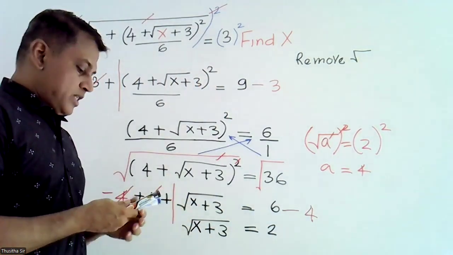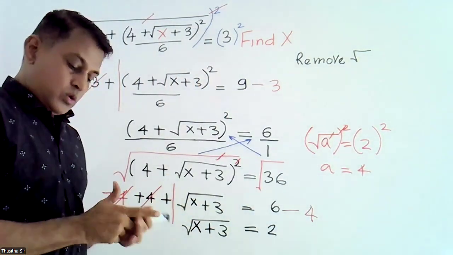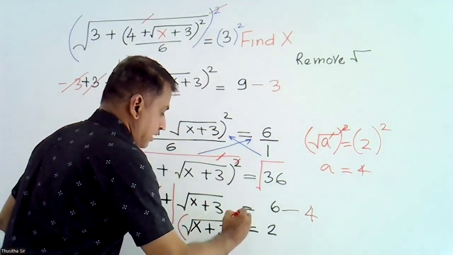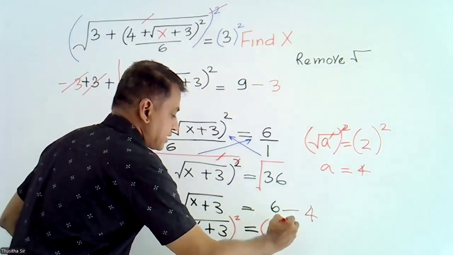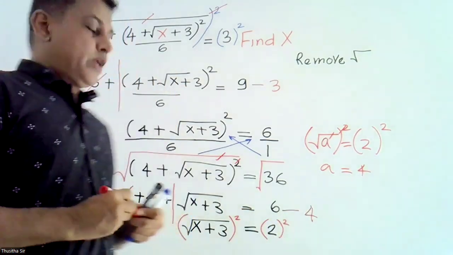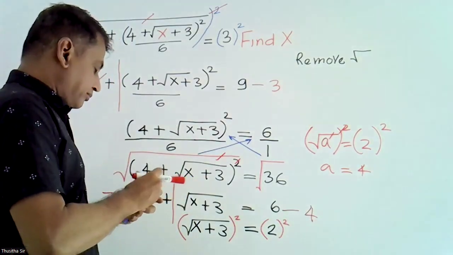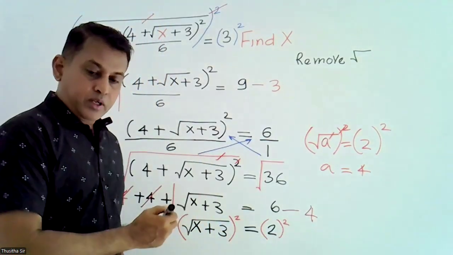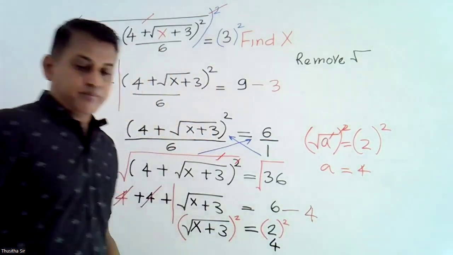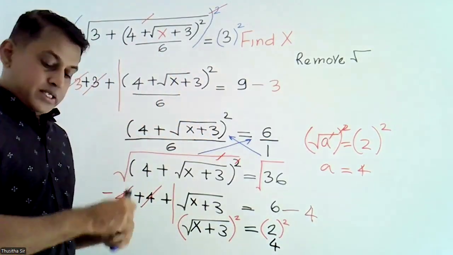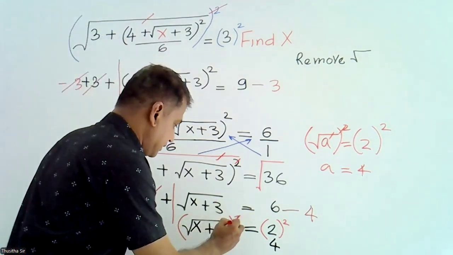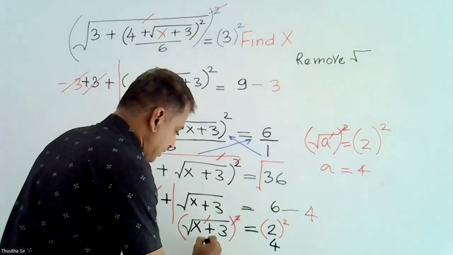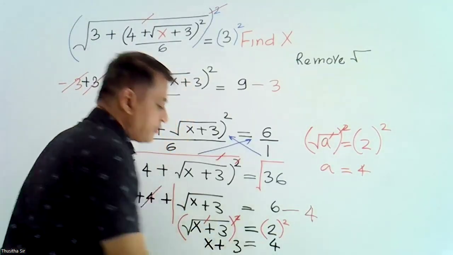So I square this side and square this. When I do this, 2 squared is 4, and the square root gets cancelled. So I have here now x plus 3 equals 4.